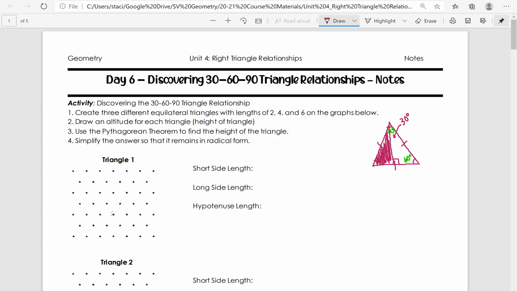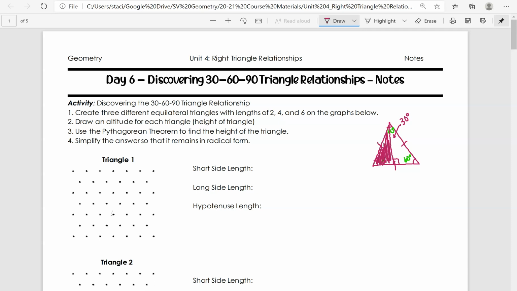With isometric dot paper, horizontally the dots are the same distance apart, and diagonally the dots are the same distance apart, but vertically the dots are not the same distance apart as they are diagonally or horizontally. That means when we use isometric dot paper, we can only count the distance if our lines are horizontal or diagonal.